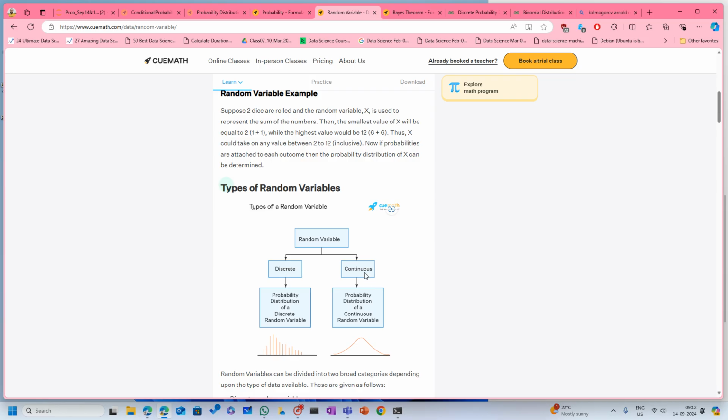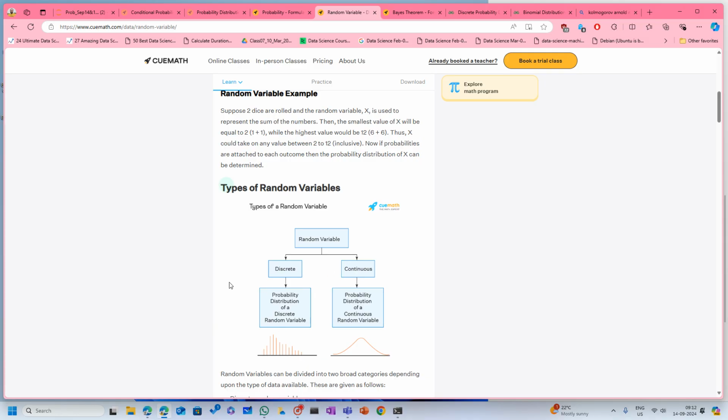A continuous variable, on the other hand, has decimal points. All the probabilities are continuous values, basically. But if those values are taken by a random variable, then it becomes a continuous random variable.